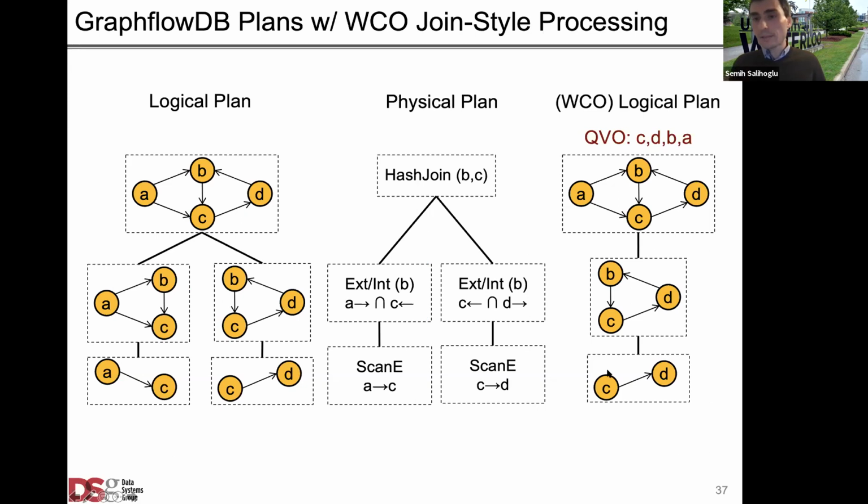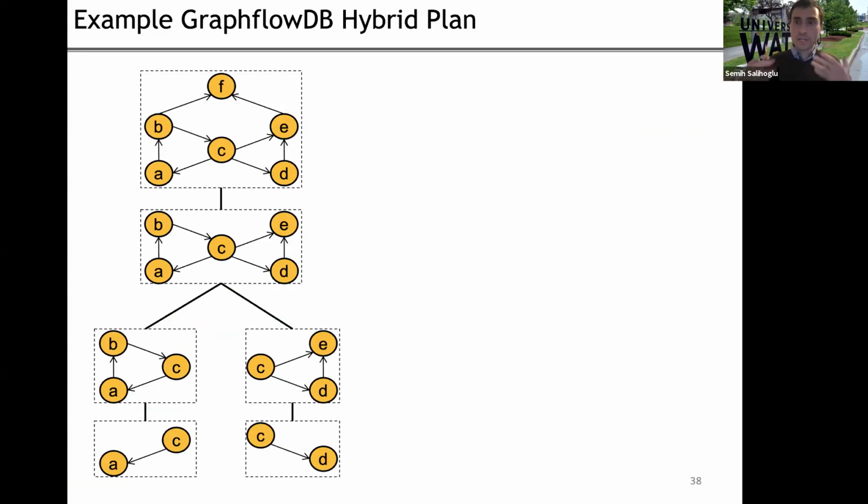This is another plan. This is pure generic join type of execution, where everything is intersection-based. The plan on the left would be what we call a hybrid plan. So here's a very interesting plan that I like showing. This is a plan for the query at the top that seamlessly mixes these two types of join algorithms automatically.